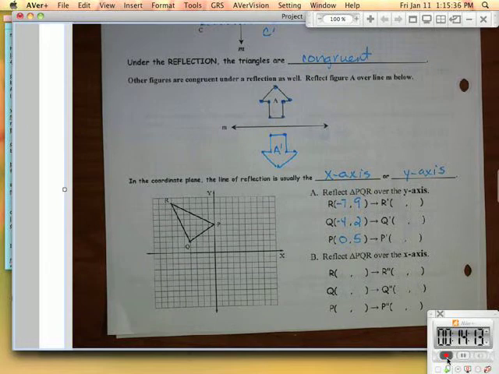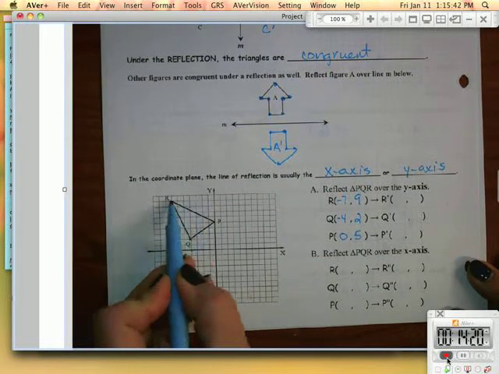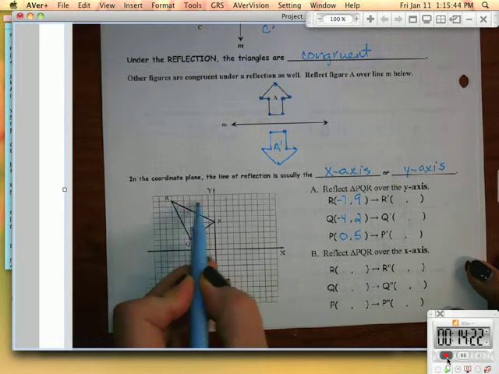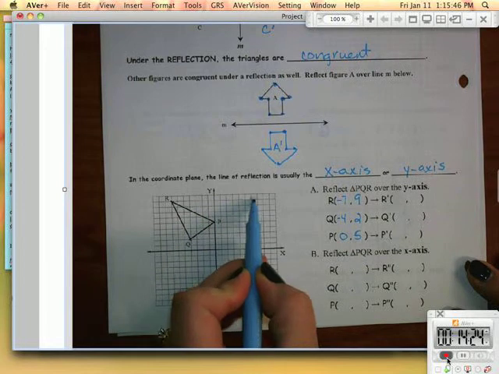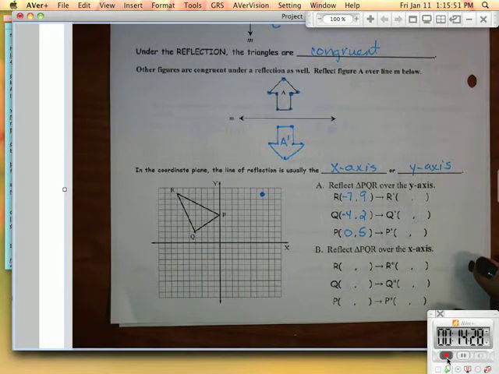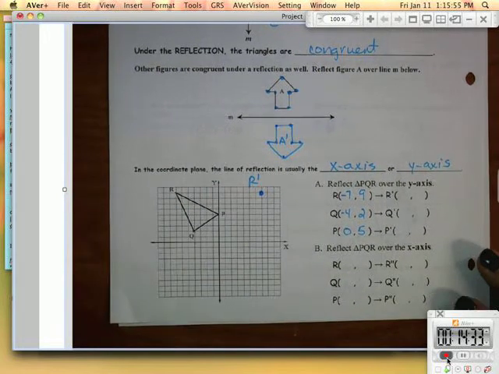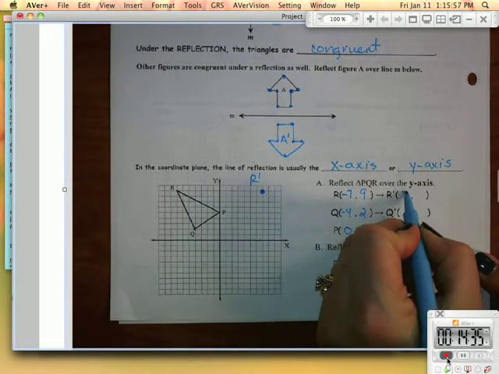This is pretty nifty. Let's see what happens when we reflect. All right, so R is 7 spots from the y-axis, which means I have to go 7 over here. Oh, look at the coordinates of R prime. They are (7, 9).